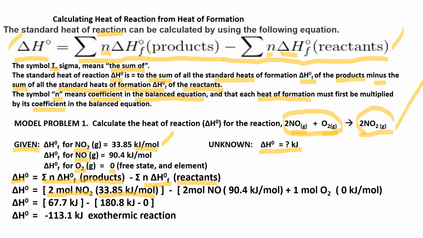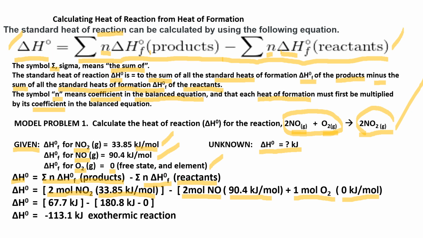The reactants are 2 moles of NO, so 2 moles of NO multiplied by the heat of formation of NO, which is 90.4 kilojoules per mole. Plus another reactant is oxygen, and the equation gives you the coefficient, 1 mole of oxygen multiplied by the heat of formation of oxygen, which is 0.